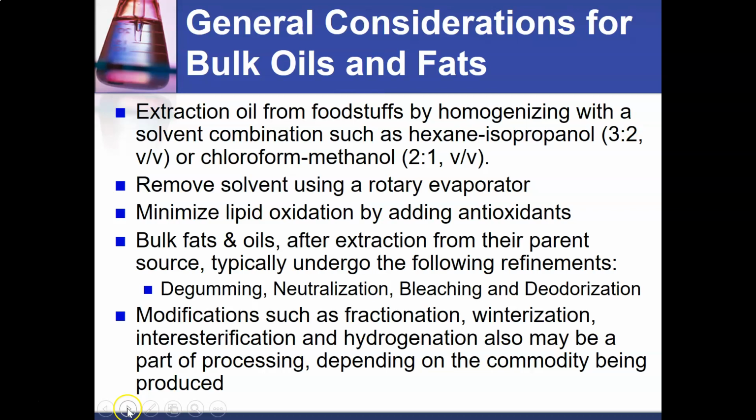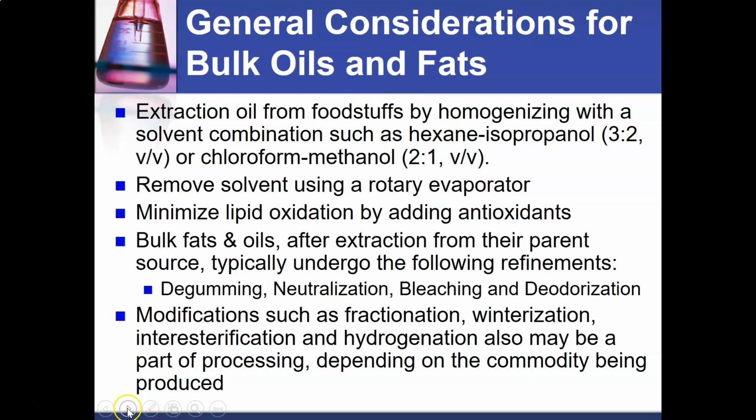And sometimes they have to do some more treatment, for example fractionation to fractionate the oil further, winterization also to separate the oil into different components by using solvent and low temperature.